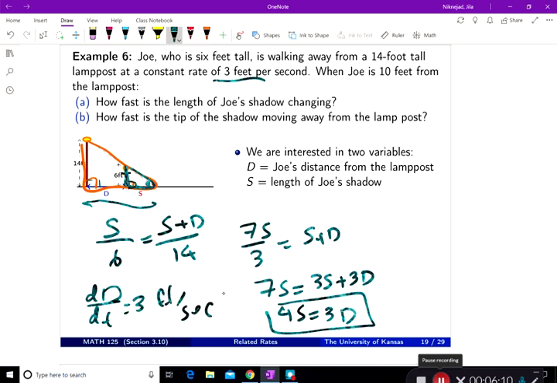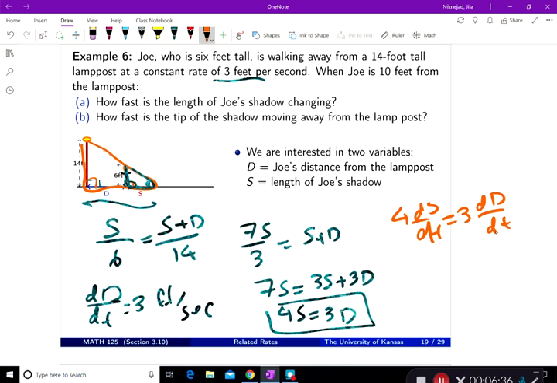Now that I have this equation, I can take the implicit differentiation of it and get: 4 is the constant, derivative of S with respect to t is equal to 3 is the constant, derivative of D with respect to t.